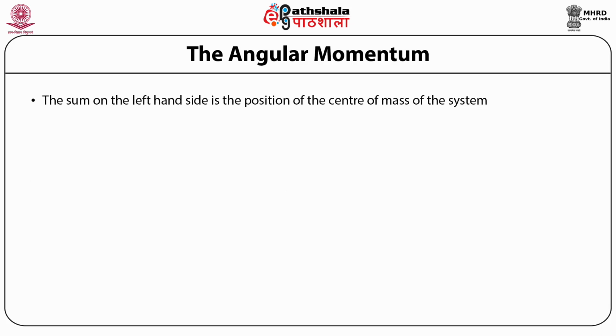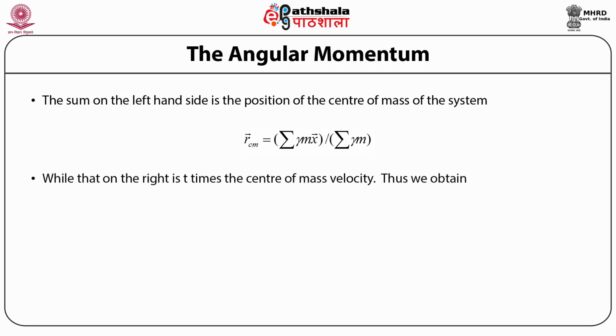The sum on the left hand side is the position of the center of mass of the system, that is RCM equals summation gamma mx divided by summation gamma m, while that on the right is t times the center of mass velocity. Thus, we obtain VCM equals summation gamma mv by summation gamma m, which is a reasonable result.